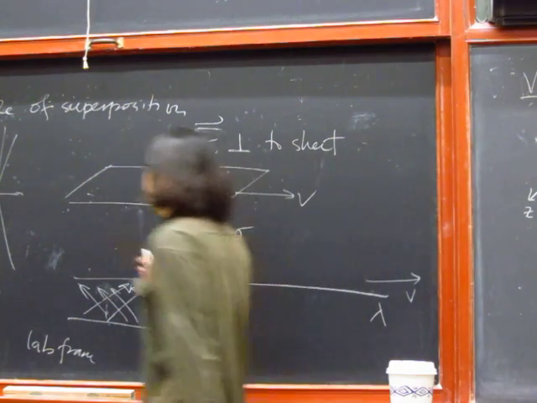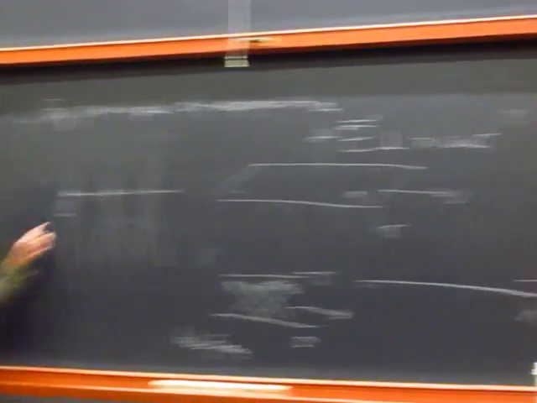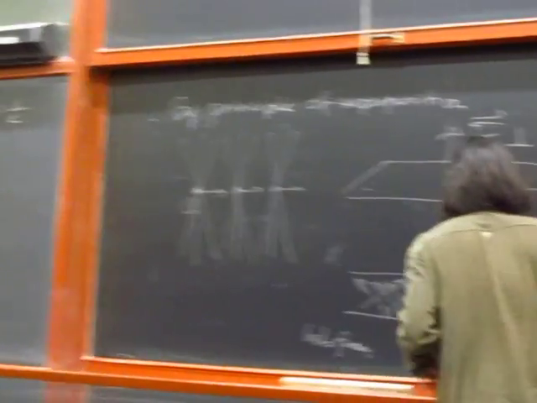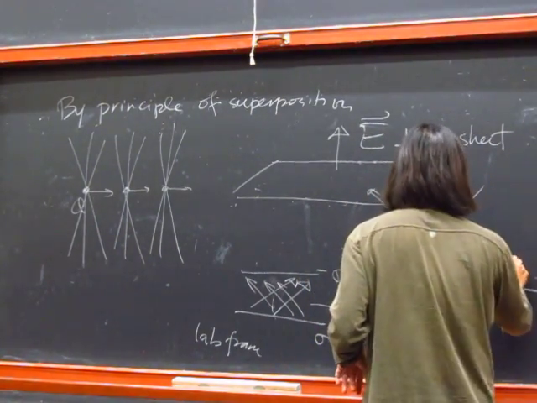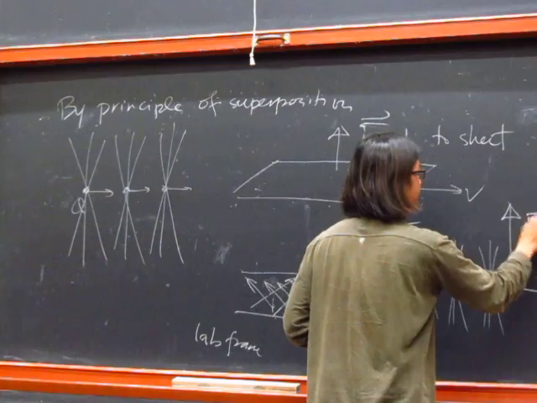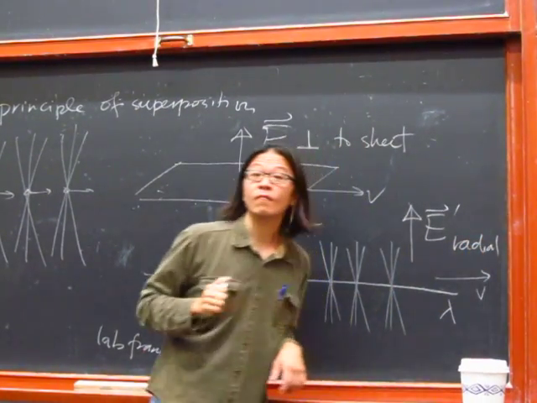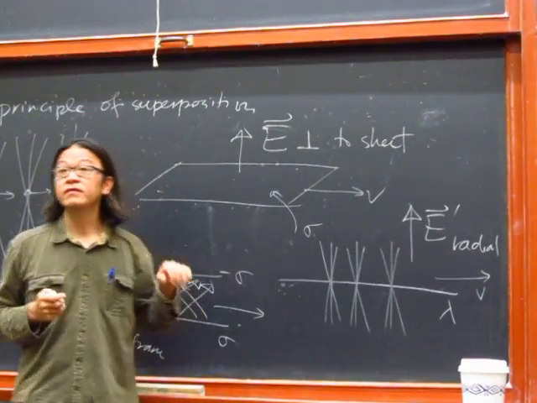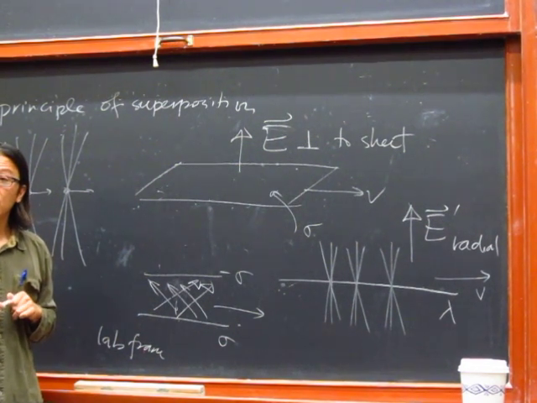And also because lambda is constructed by superposition of individual charges, then the field here is also... So this is the thing that we did earlier, where we just said that it was infinitely spread.